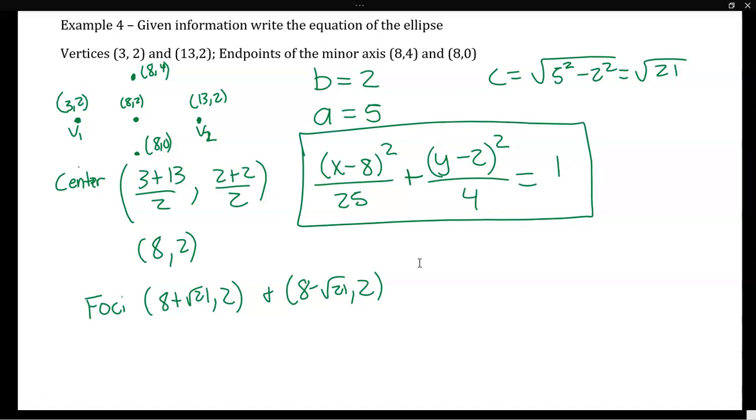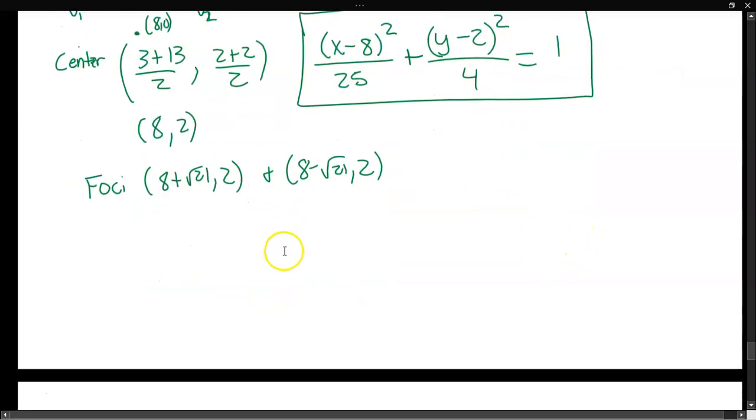And so lastly is completing the square. This is a good problem to complete the square for. We're going to complete the square to find the equation of the ellipse and write down all of the relevant information about the ellipse. So first, let's organize our terms.